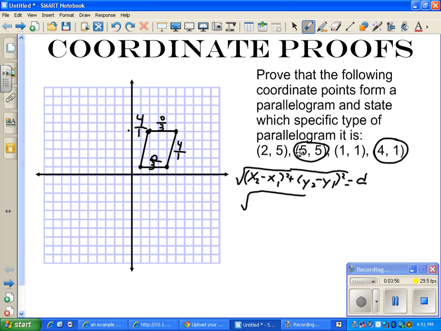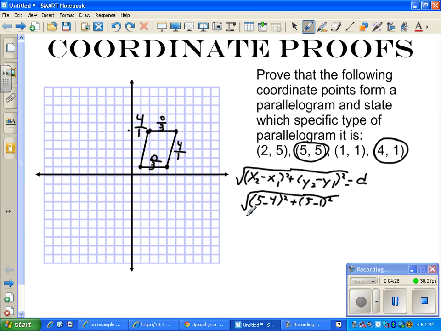So I'm just going to start with that first point in the line. So my x1 minus my x2, or x2 minus x1. It's supposed to be a minus sign, by the way. And then plus our y2 minus our y1. My lines aren't quite straight yet.